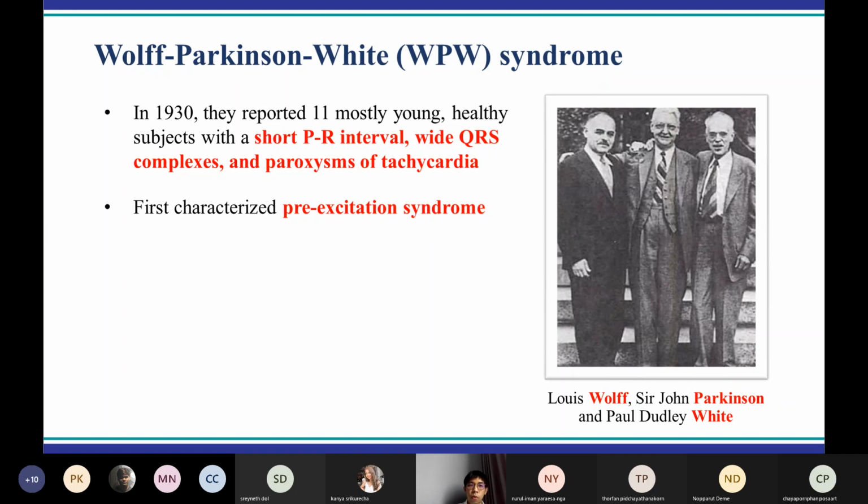We call this syndrome Wolff-Parkinson-White syndrome, which is one of the accessory pathway abnormalities in the patient's heart.